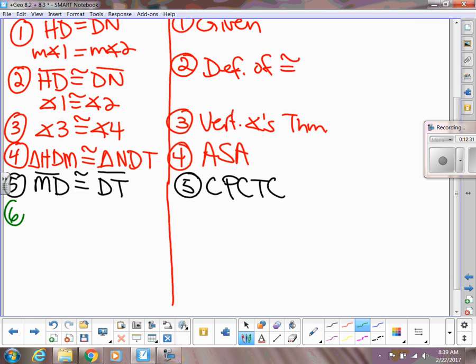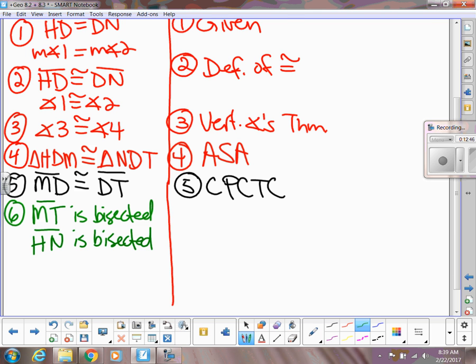So we can say MT is bisected, and the other diagonal, HN, is bisected. Again, the reason we know that's bisected is because of the definition of bisects.